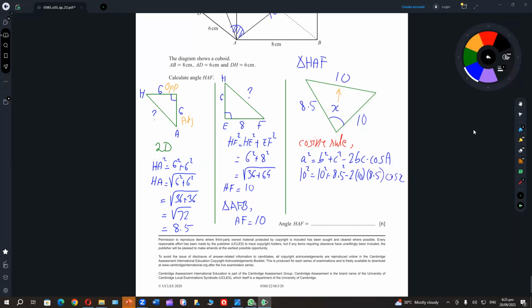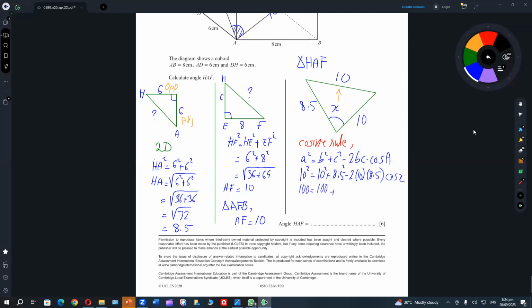I thought I was doing something wrong, but sir, this is a non-right-angle triangle, right? Definitely. There is no right angle here. Okay, what is 10 squared? 100.